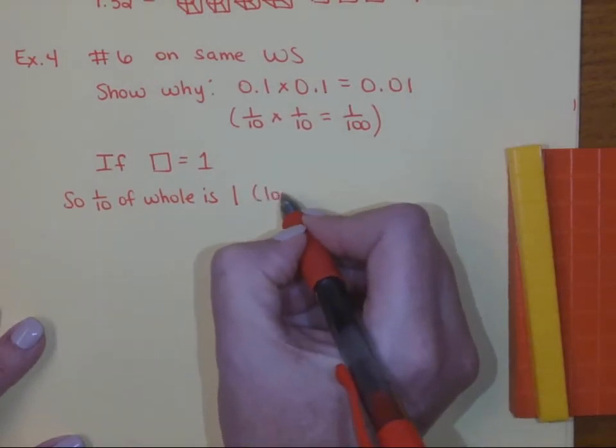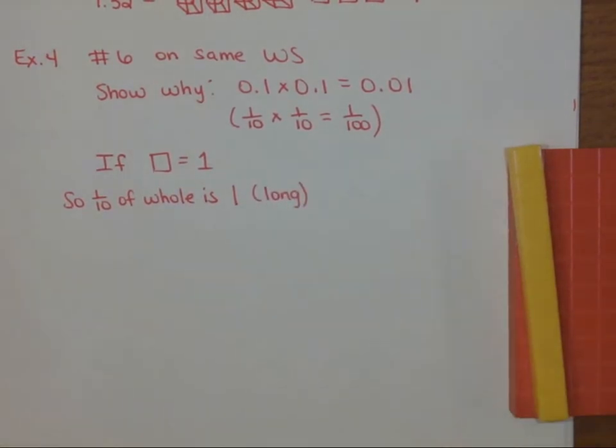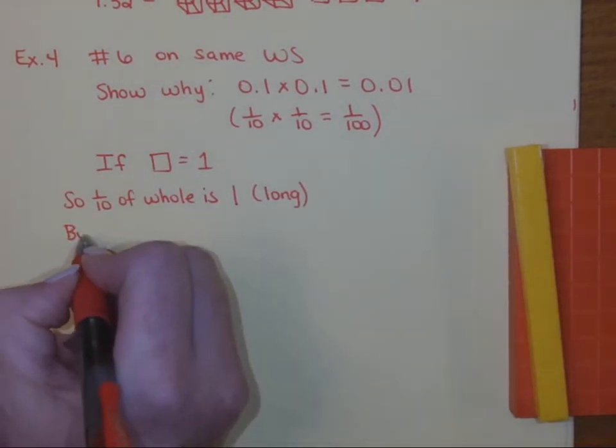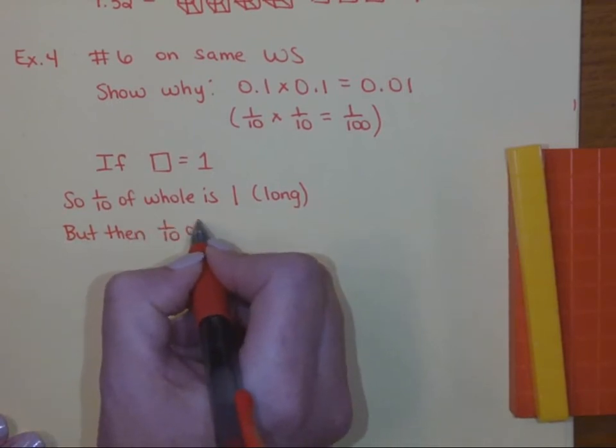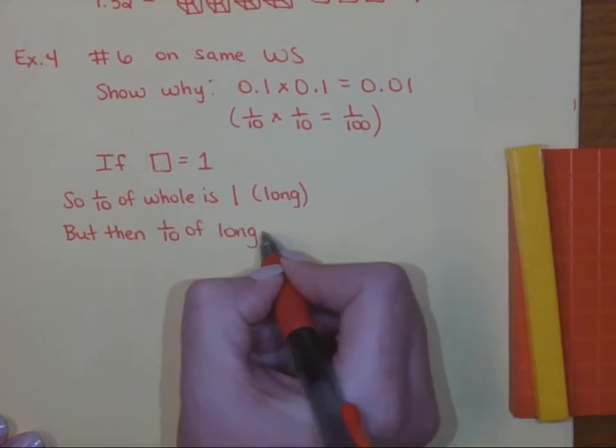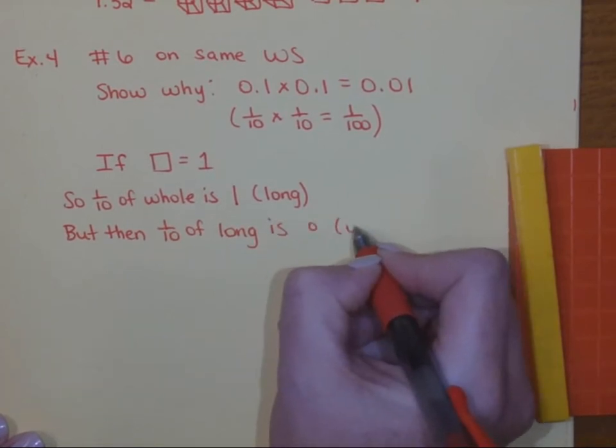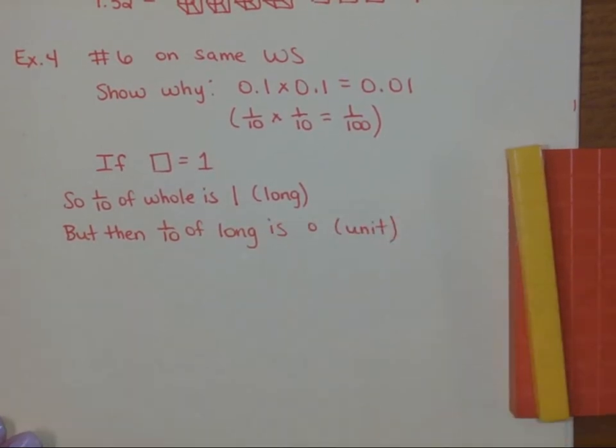Okay, so we'll write that in parentheses so that we don't think that's a number 1 or something. That's the picture of the long. But then if we wanted to do 1/10 of the long, it would be a unit. Okay, so in other words, we're doing another tenth.